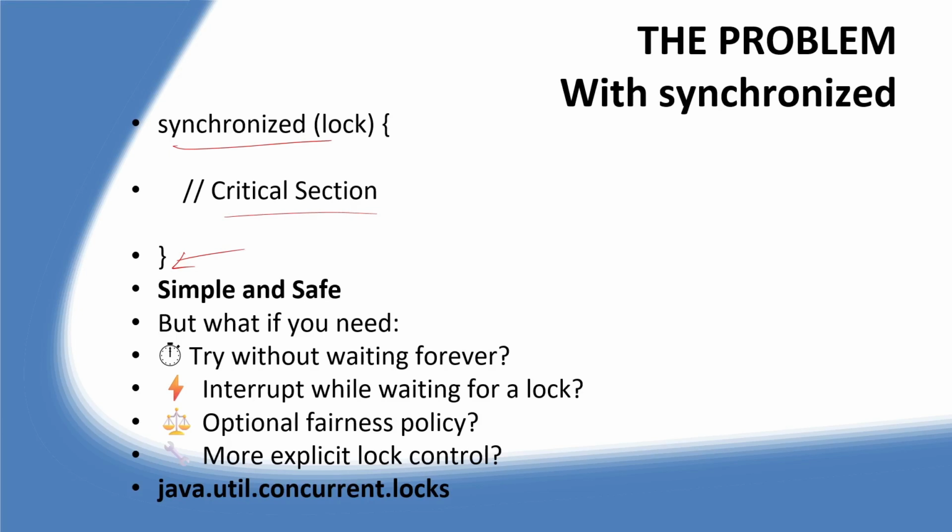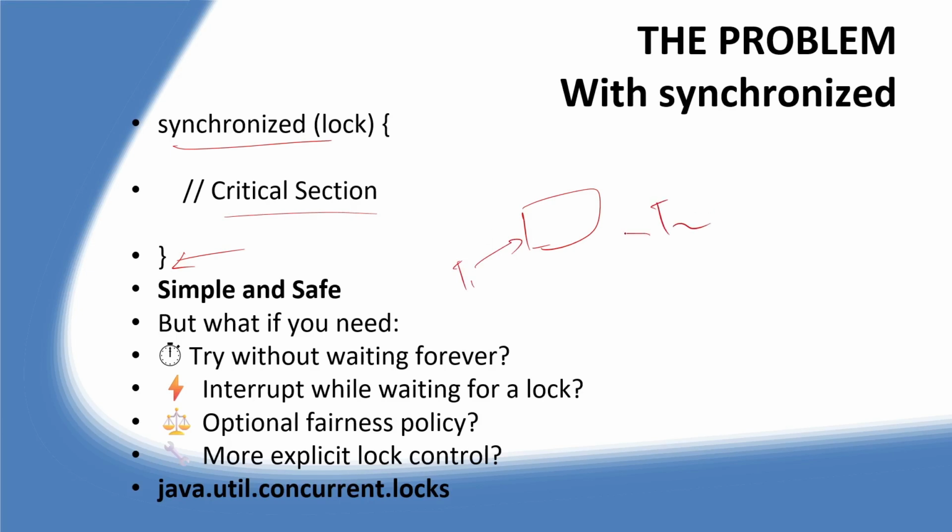For example, what if we want to attempt to acquire a lock and do something else if it is unavailable? Let's say there is one critical section or synchronized code and one thread is currently holding it.